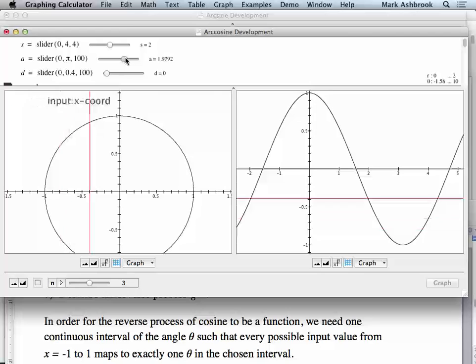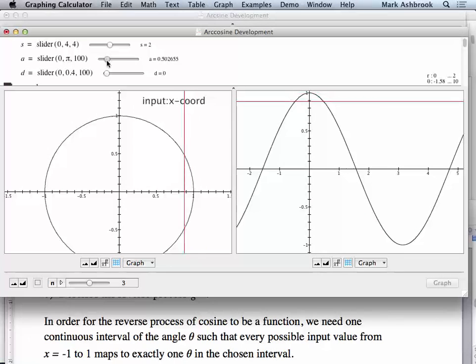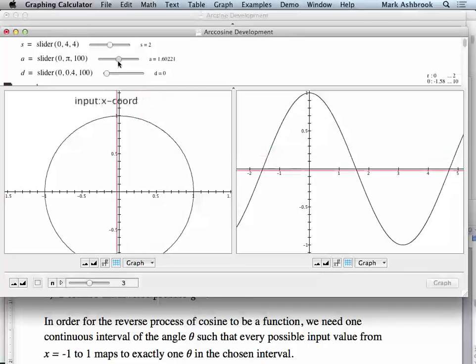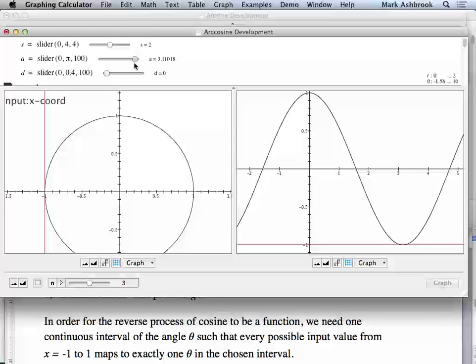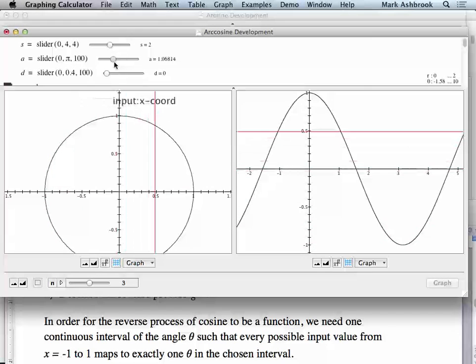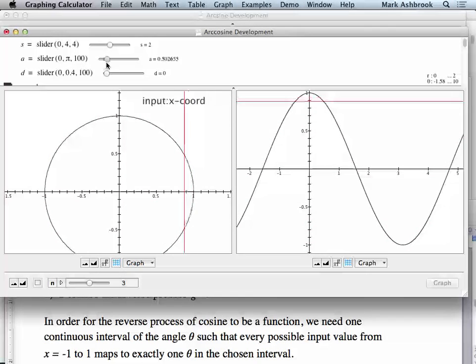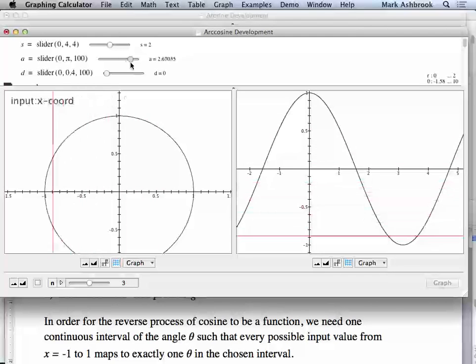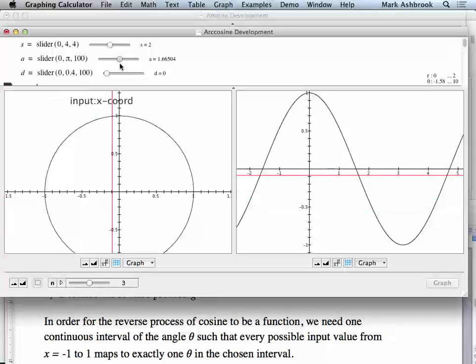Because it's going to give everything above the horizontal diameter. It's going to give you one point above the horizontal diameter. Okay. Yeah, so the top half of the circle gives you one angle for every input -1 to 1.